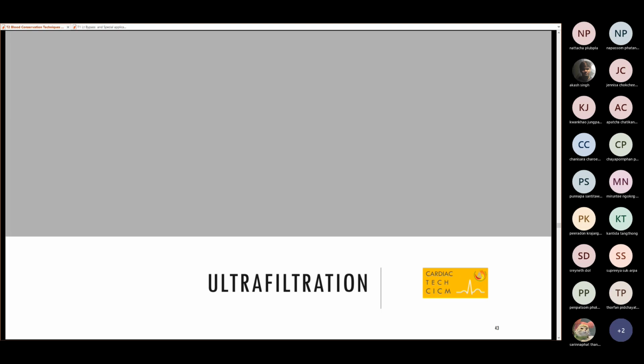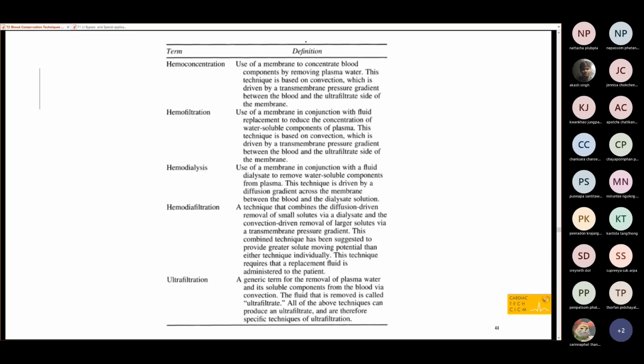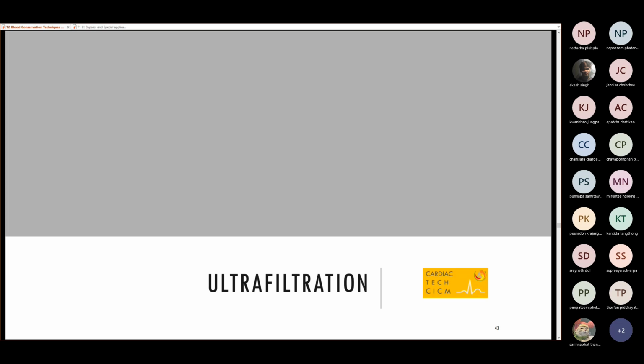The next concept is that we let the excessive fluid out by using filtrations. How? Imagine in renal failure patients, they need to do hemodialysis every week.